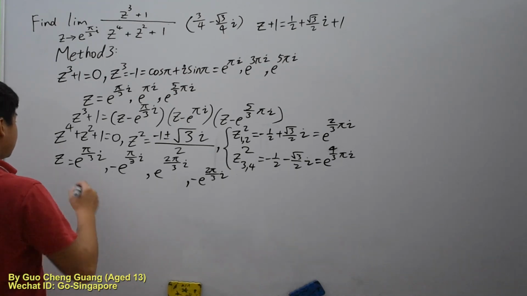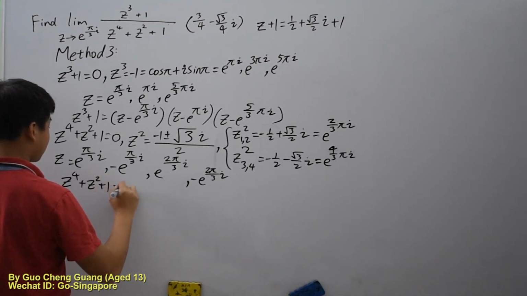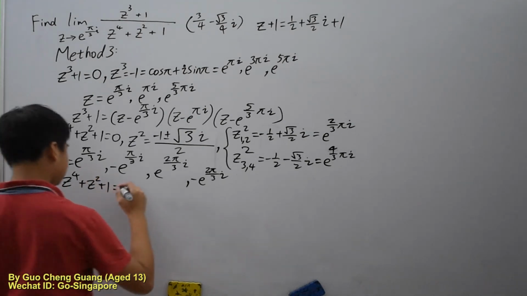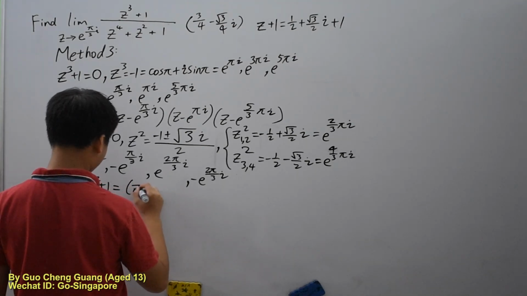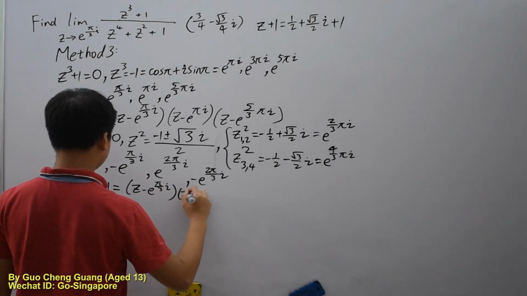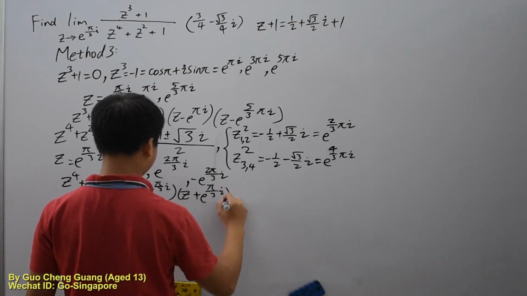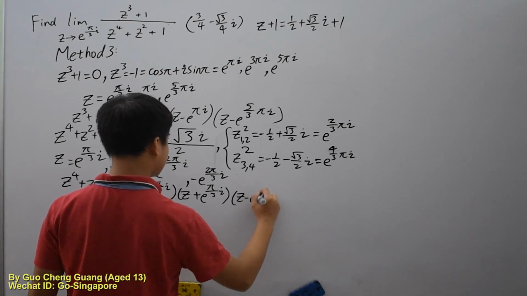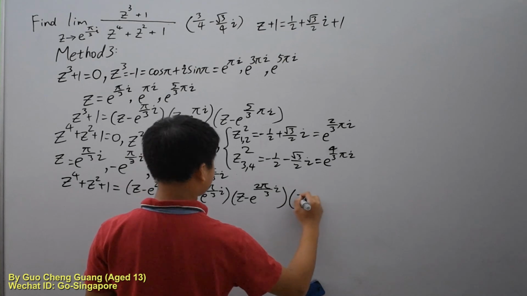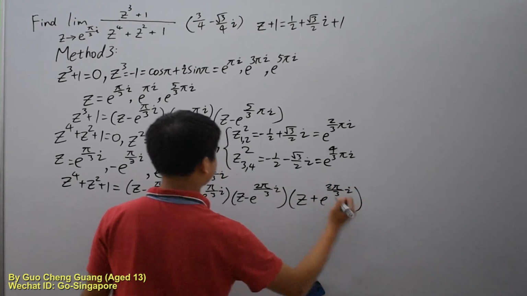So since you've already gotten these four, that means z to the power of 4 plus z squared plus 1, this part will be z minus e to the power of pi over 3i, z plus e to the power of pi over 3i, and then z minus e to the power of 2 pi over 3i, and z plus e to the power of 2 pi over 3i.